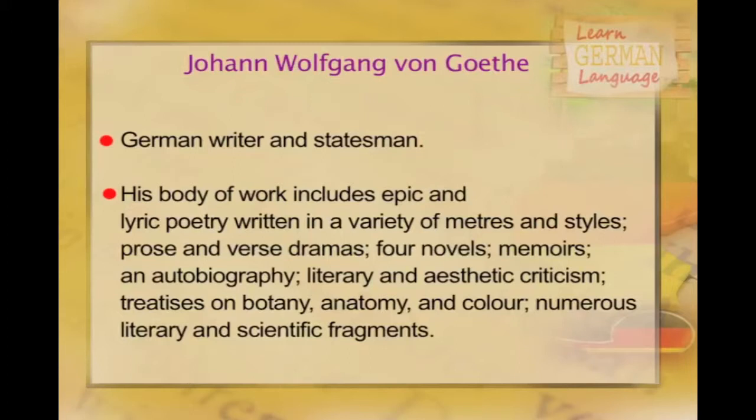So, as you can see, he is a genius. He wrote on so many subjects and he was also a trained lawyer. In addition, there are numerous literary and scientific fragments written by him. There are more than 10,000 letters which he wrote to various people, and nearly 3,000 drawings by him still exist.